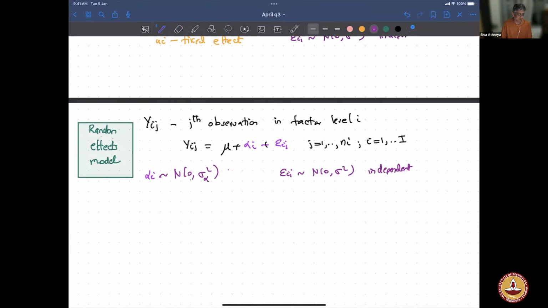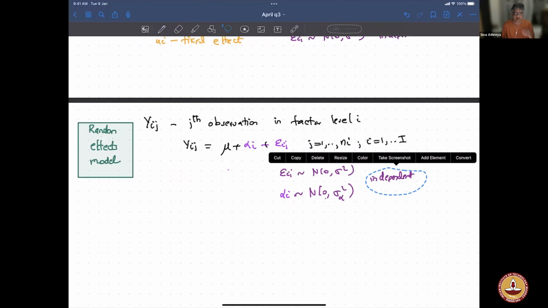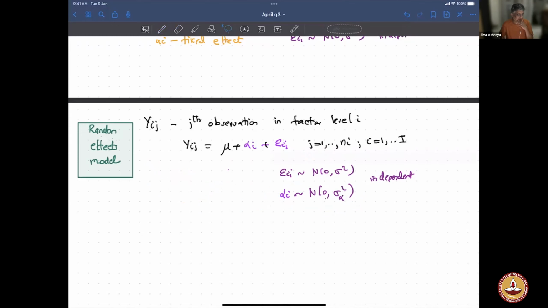Here I have a different variance, and I'll keep sigma squared for the error. So sigma squared alpha and sigma squared need not be the same, and they're all independent. This is commonly referred to as a random effects model. By convention, the purple ones are random and the others are fixed.